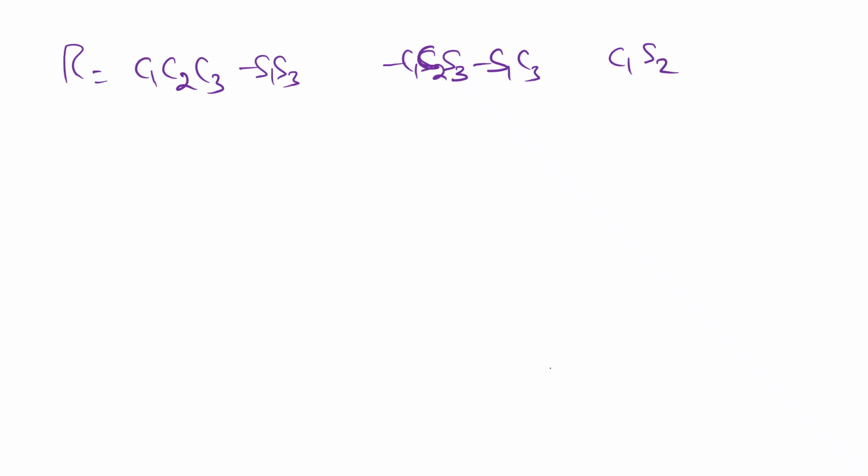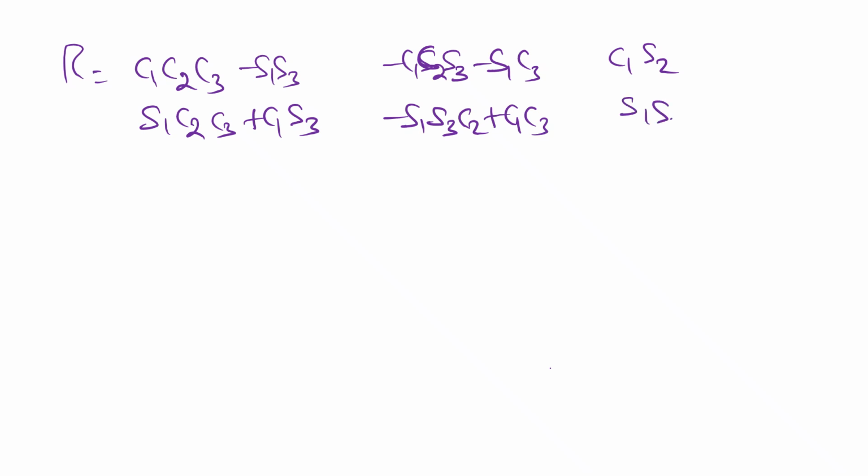And the second row is S1, C2, C3 plus C1, S3, then minus S1, C2, S3 plus C1, C3, S1, S2, then minus S2, C3, S2, S3, then here C2.